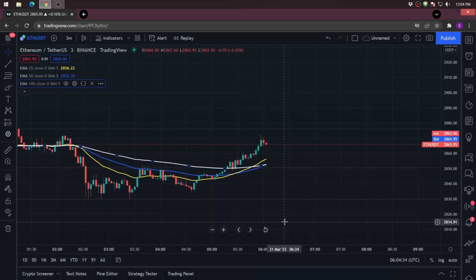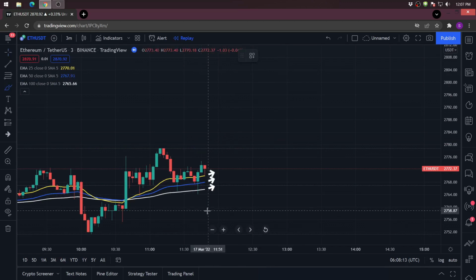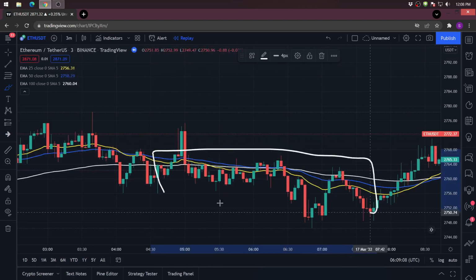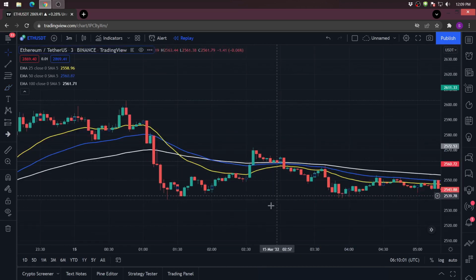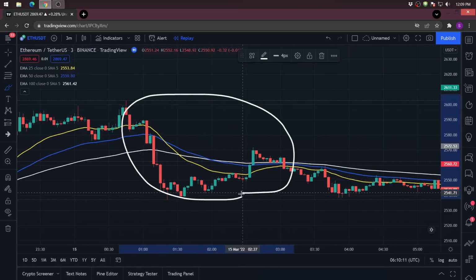Okay, and save. So the first step, we have to find an existing trend, where the 3 EMA directions are the same and the 3 EMAs stay separate from each other. We avoid a ranging market like this, and also we avoid the trend if the EMAs are crossing each other like this.